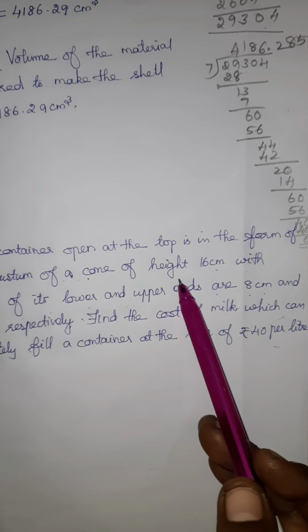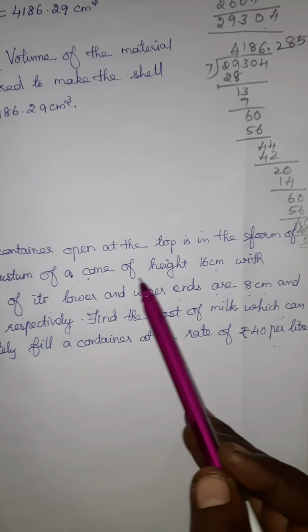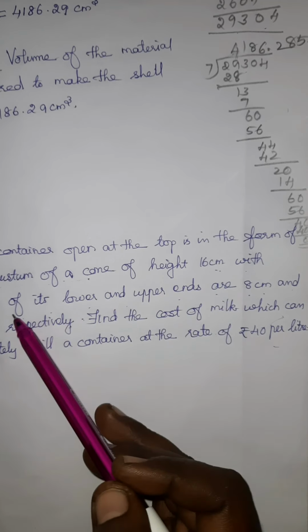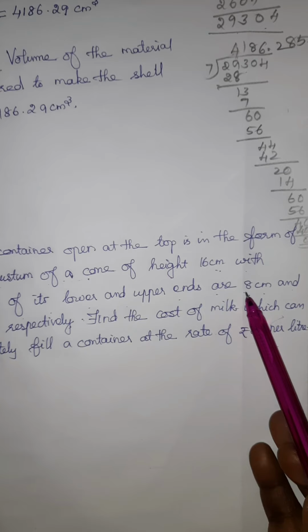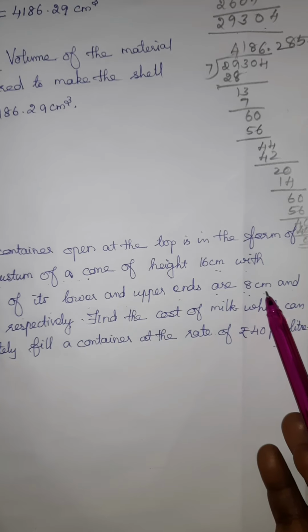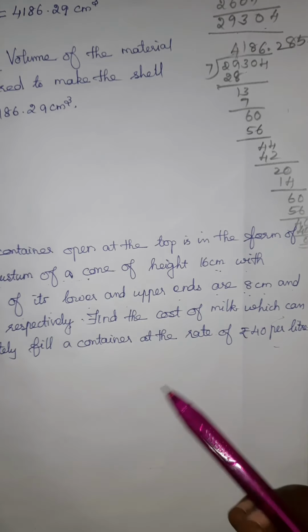Now they have given the measures: the height of the frustum, then the radii of the lower and upper ends. The lower end is 8 centimeter, the upper end is 20 centimeter.